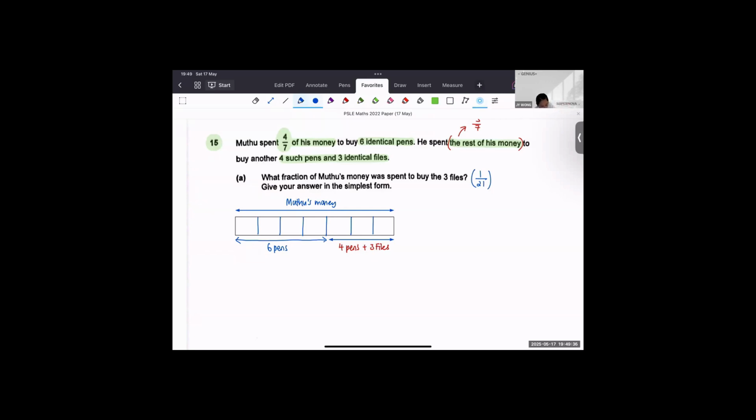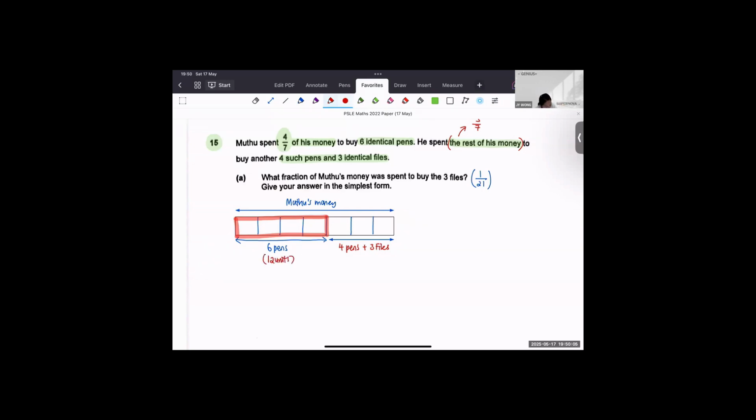I'll use the model. So I have 4 units here. These are all equal units. And then I want to split into 6 pens. It's very hard to find out what is 1 pen. So what I want to do here is that I have 4 units and I have 6 pens. I want to find the common multiple of 4 and 6, which will give me 12 units.